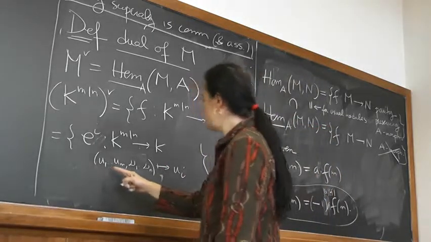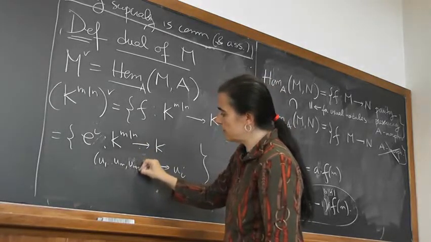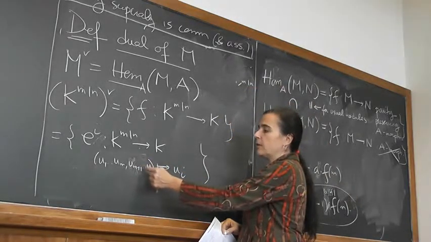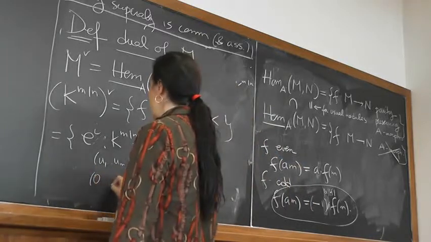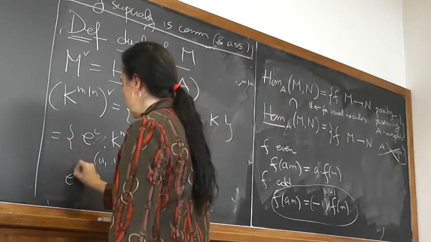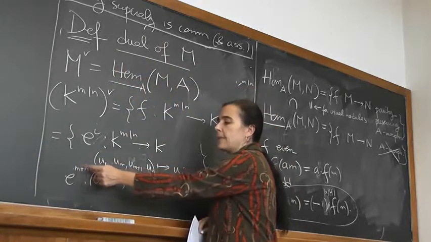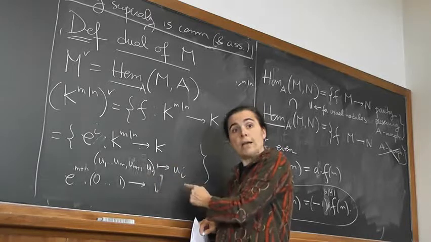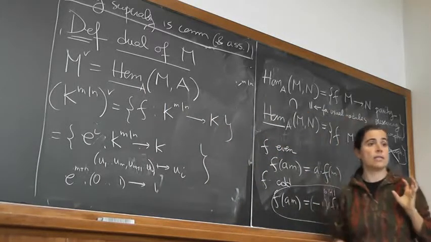When you take the element (0,1), which is odd, and send it to the element 1, which is even, the function sends an odd vector to an even element. So you need all the morphisms, also the parity reversing ones.